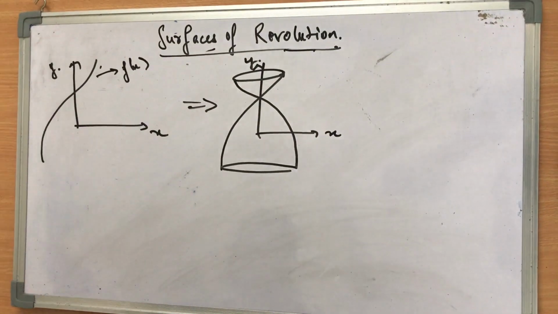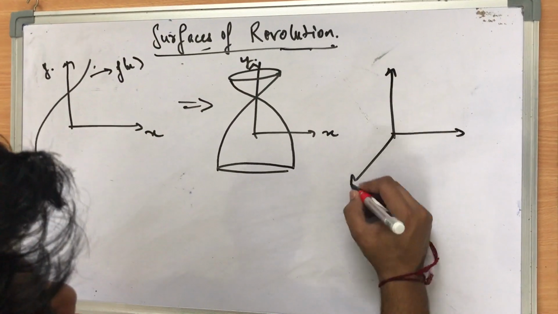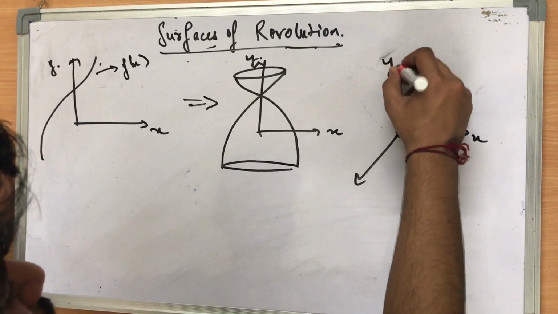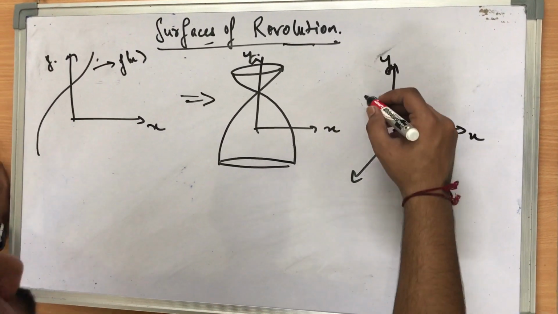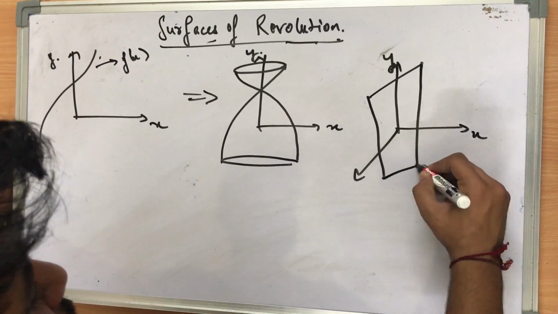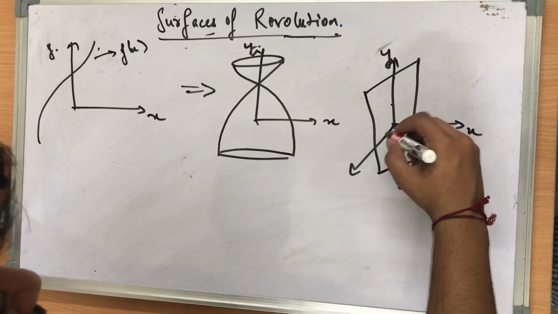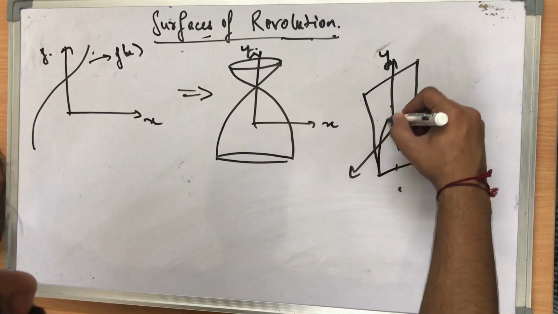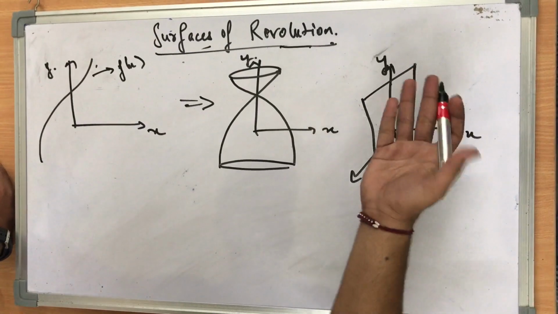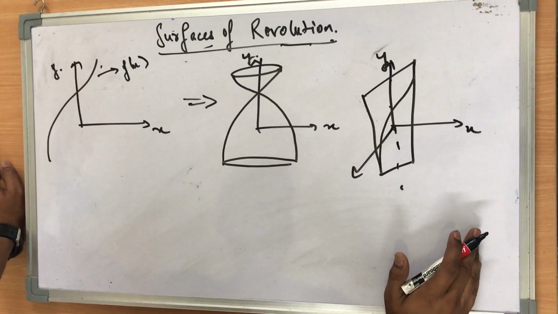So I'll try to show this plane. It is somewhat like this plane, which has been hinged at the y-axis, and we have a curve over this plane which is rotating about this y-axis.